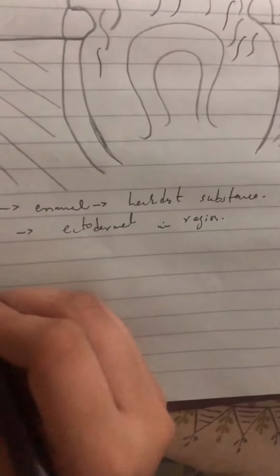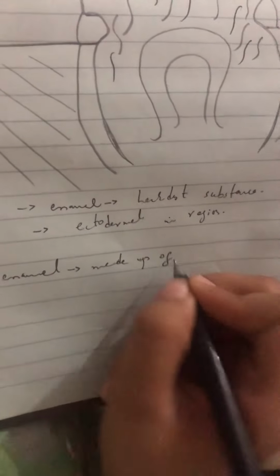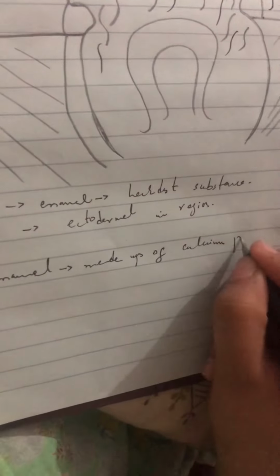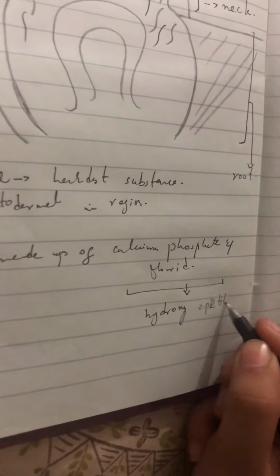Now enamel is made up of calcium phosphate and fluoride, and the chemical name of that calcium phosphate and fluoride is hydroxyapatite.